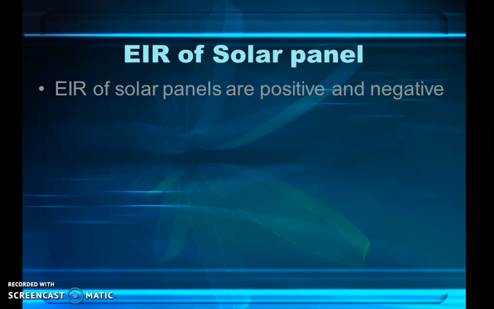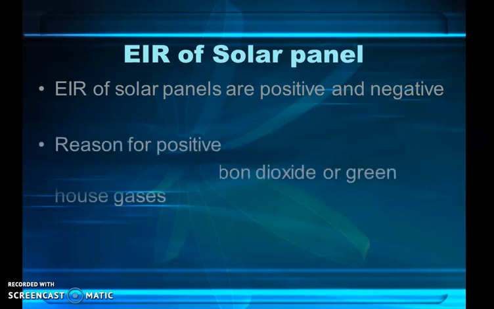There are different reasons for the positive EIR and the negative EIR. First, let's talk about the positive. The reason for the positive EIR of solar panels is that solar panels don't emit any carbon dioxide or greenhouse gases. So we can say that they have a positive EIR.